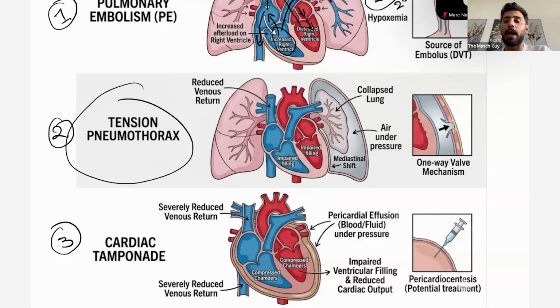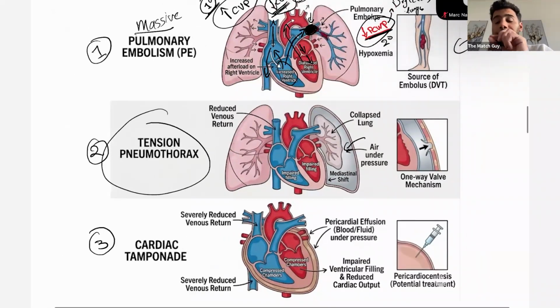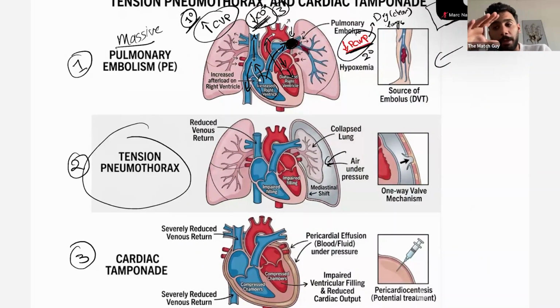So tension pneumothorax is when you have a puncture in the pleura of the lung, which is the lining around the lung, that allows air to escape into the lung. And then this air is going to accumulate around the lung, in the pleura around the lung, and this is usually involving a one-way valve mechanism where air can come into the pleura but cannot leave the pleura.